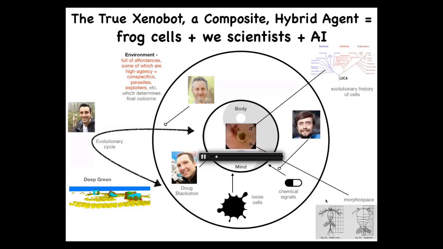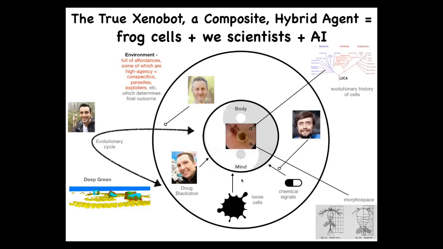It involves part of the morphospace that is this novel aspect here. It involves the AI that was helping us to determine the optimal stimuli and optimal shape. And so this, I think, is a composite entity, and I think we need to really get behind this idea that beings are not just simple physical things that are obvious to human observers. This whole thing is the Xenobot.